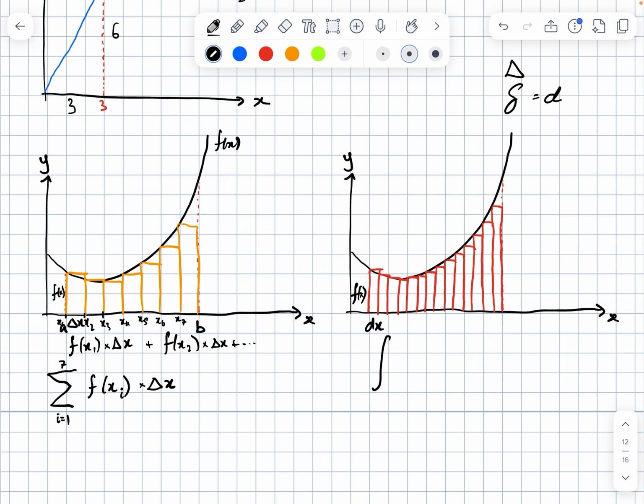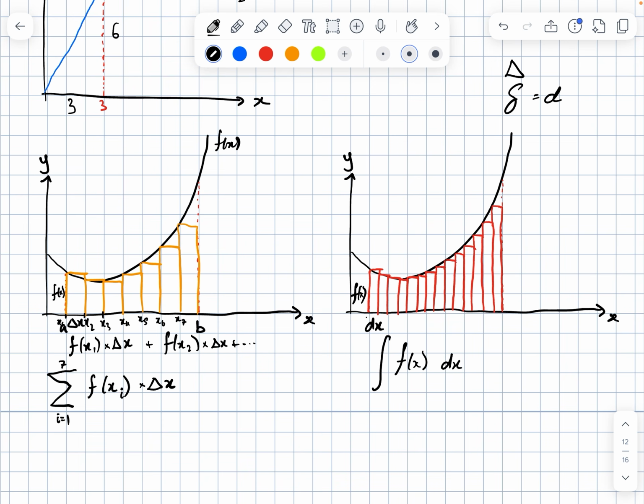It's almost like a smoother sigma function, and we're going to times our heights, f of x, by our bases, and we get the integration sign.